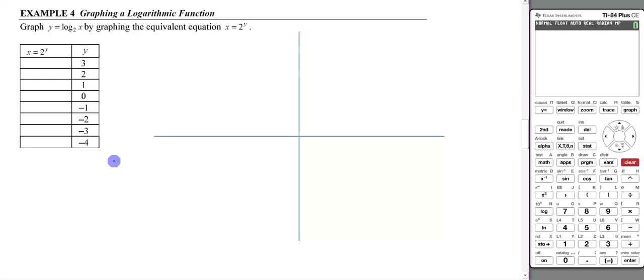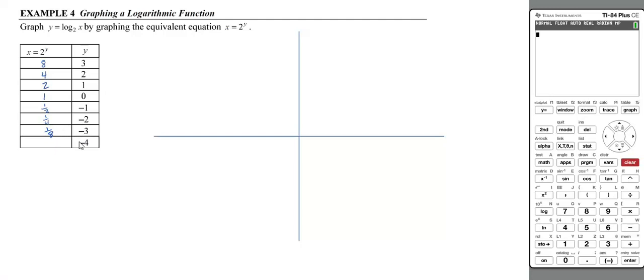So here I have 2 cubed, which is 8. Here I have, if y was 2, 2 squared is 4. 2 to the 1 is 2. 2 to the 0 is 1. 2 to the -1 is 1/2 to the 1, which is 1/2. 2 to the -2 is 1/2 squared, which is 1/4. 2 to the -3 is 1/8.